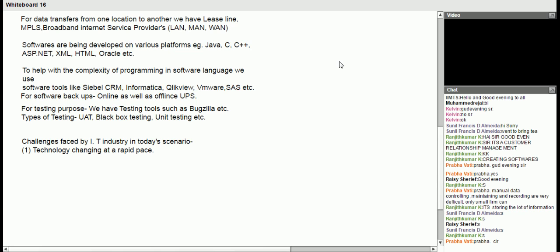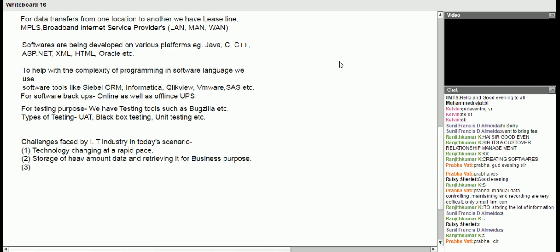Second, storage of a heavy amount of data and retrieving it for business purposes. Technology is changing at a very rapid pace; this is the challenge we are facing.